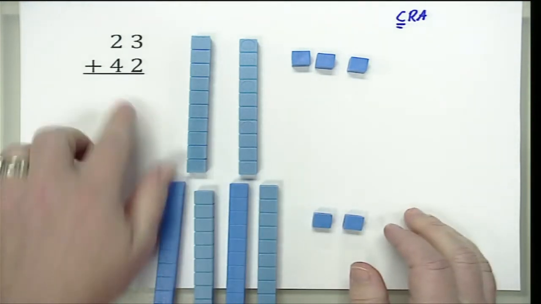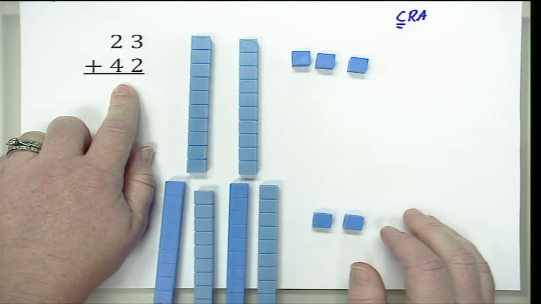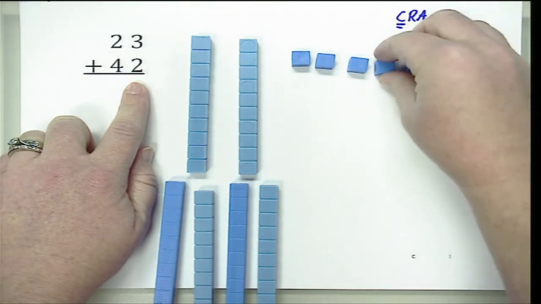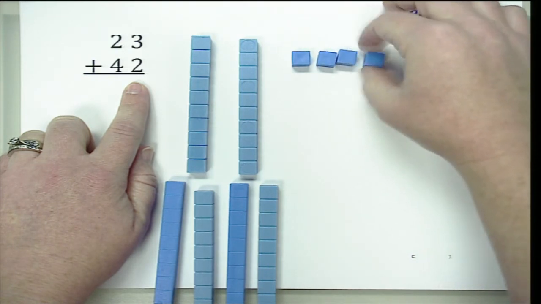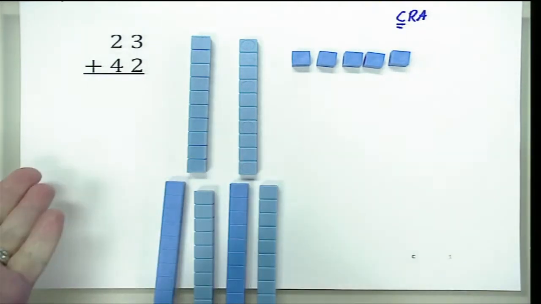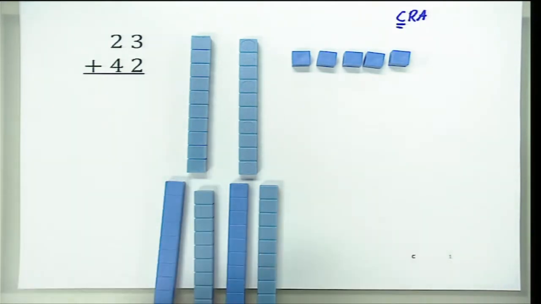Now we know that when we are adding, we are putting together, so that's exactly what we're going to do here. I'm going to start with my ones, I'm going to put them together. In this case, I like to have it look just like the students are used to as they did in early numeracy, which is a 10 frame. So I'm going to set it up just like a 10 frame as it would look.